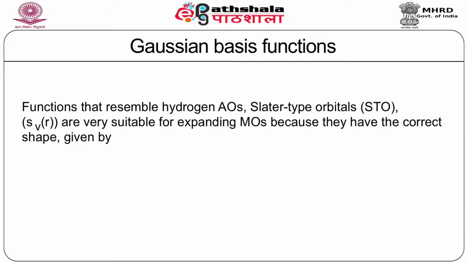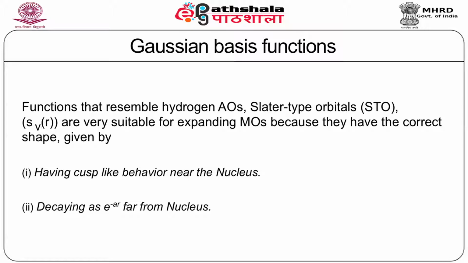They are very suitable for expanding molecular orbitals because they have the correct shape given by having a cusp-like behavior near the nucleus and decaying as e to the power minus ar far from the nucleus. We'll see this in the schematic plot in the next slide.